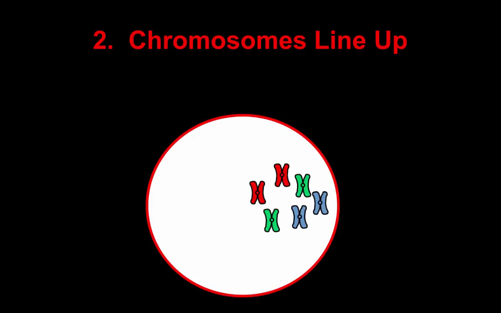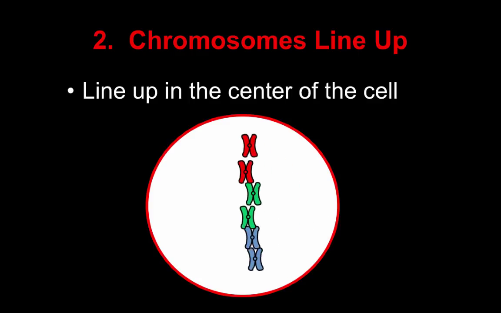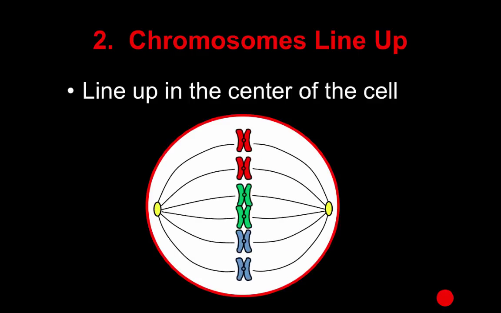Next, the chromosomes are going to line up, and this is the real important part of mitosis. As you can see, they've lined up in the center. And this is important because one of the sister chromatids in each chromosome is facing the opposite direction of the cell. And you see these little fibers, they're kind of like ropes.